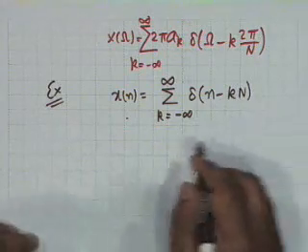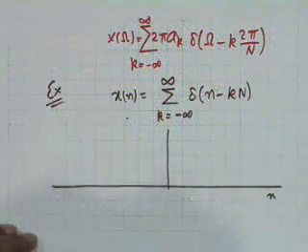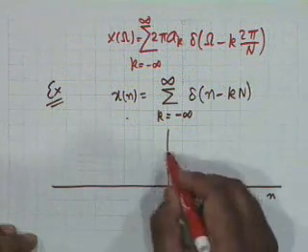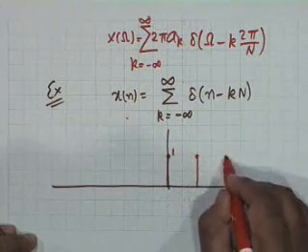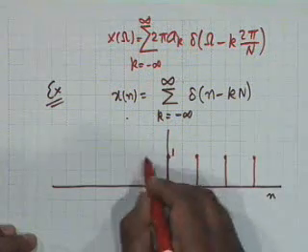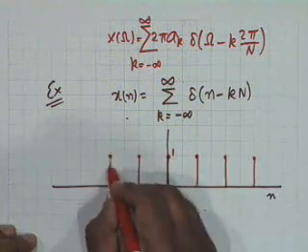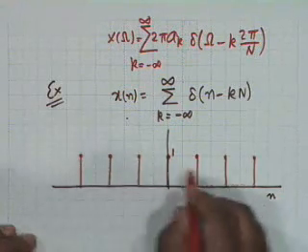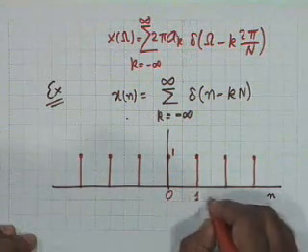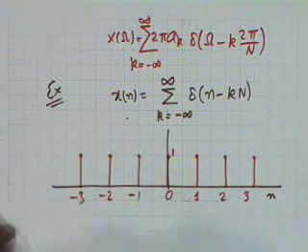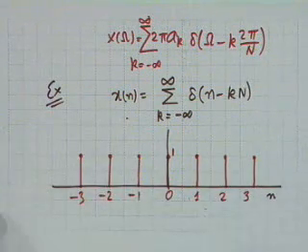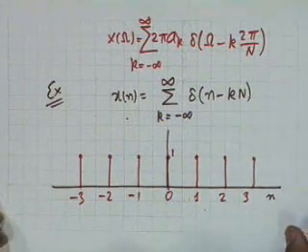If we look at it, the function is like this, n, and if this is 1, then we have a chain of discrete time impulses like this. This is all 1, 0, 1, 2, 3, minus 1, minus 2, minus 3. So it is indeed a periodic function. Okay. Now we are required to find out capital X of omega.